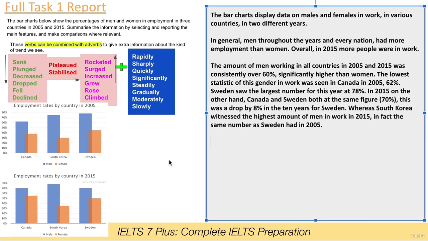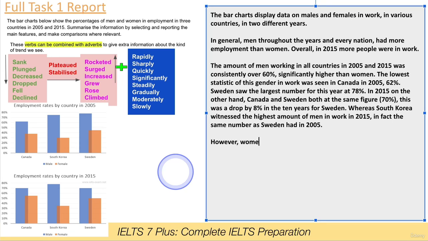Okay, so let's maybe talk about 2005 first. Well, all women for all years were under 60%. So maybe we can open with that and contrast.